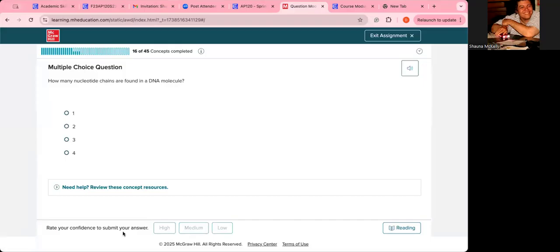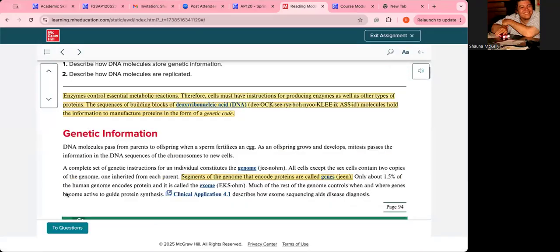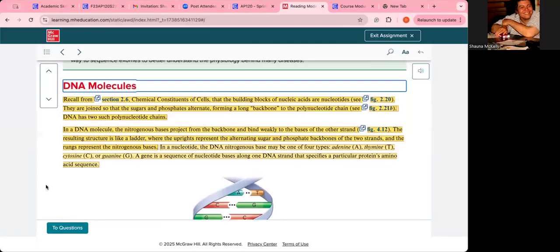How many nucleotide chains are in a DNA molecule? Recall, building blocks. The building blocks of nucleic acids are nucleotides.